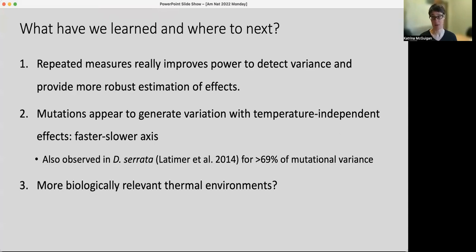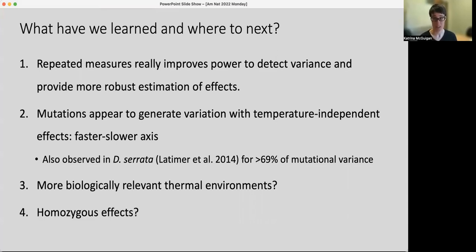I finally just want to note that here we're just looking at a range of non-extreme temperatures, and we're looking at acute exposure in adults. This result is not the end of the story. There is a lot more to learn about the thermal mutation by thermal environment interaction effects.